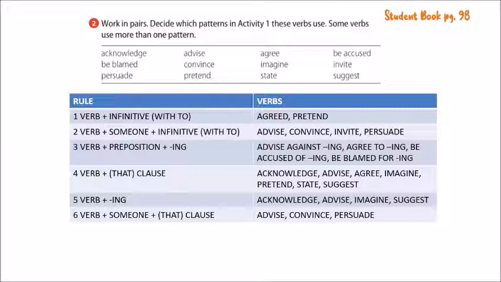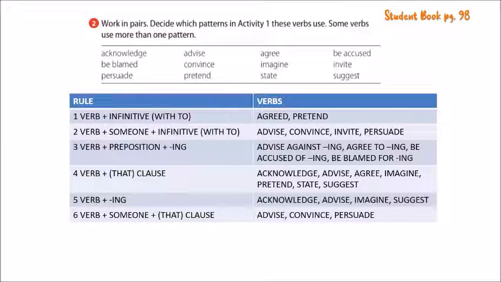I convinced her that that dress fit her perfectly for the night, and persuaded them that watching the videos was important. Okay, so hopefully guys there are no questions on this. These are just words that we need to learn by heart. These are things that we have to know.